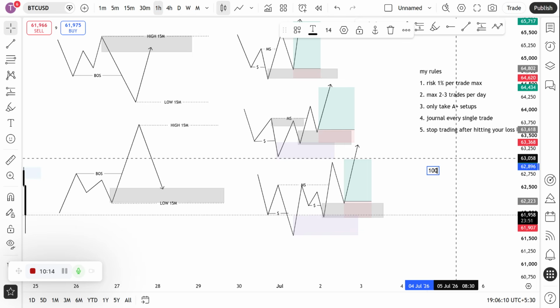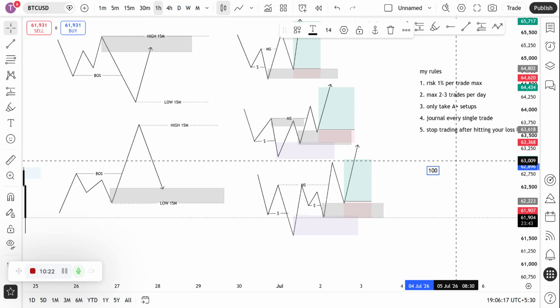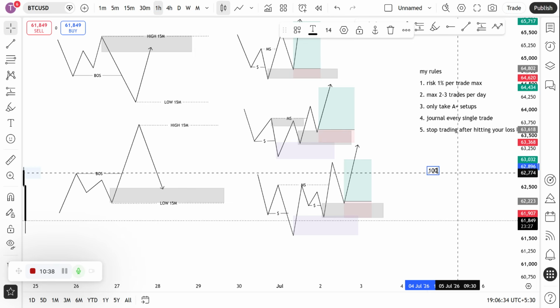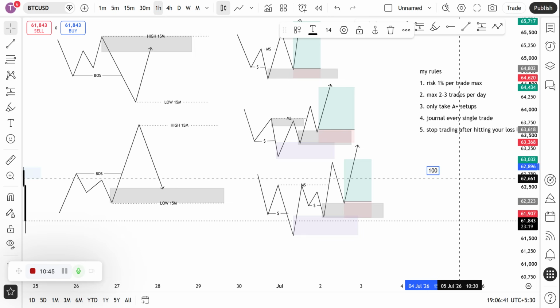So on 100 trades, maybe I lose 30 trades and I win 70 trades, which means my risk to reward is okay. Even if I lose 70 trades and I win 30 trades, it's okay.